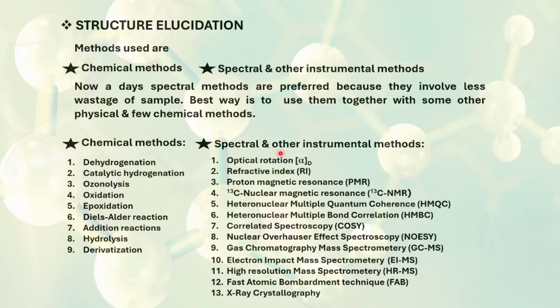In spectral and other instrumental methods, different techniques are involved, in which optical rotation, refractive index, PMR (proton magnetic resonance), carbon-13 nuclear magnetic resonance, similarly HMBC, HMQC, COSY, NOESY, GCMS, EIMS, HRMS, FAB, and X-ray crystallography.